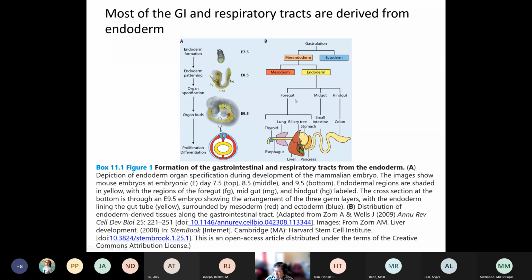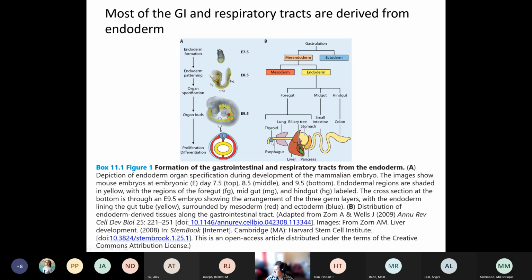Well, the foregut is the place you're going to see most of our critical organs throughout our body, like the upper part of the GI tract, esophagus, and stomach. Those are all from the foregut, but the associated organs like liver, gallbladder, and pancreas are also from the foregut, as well as the respiratory system, the lung, trachea, larynx, and so on.